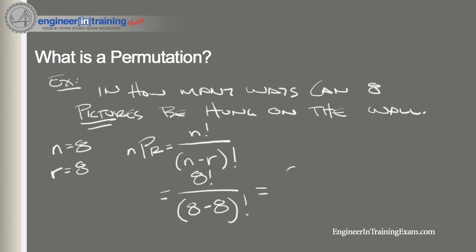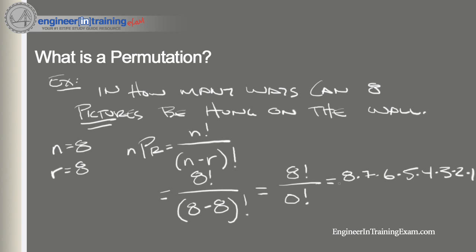So we can simplify that as 8 over 0 factorial, and once again I said 0 factorial is equal to 1. So we can go ahead and just simplify this as 8 times 7 times 6 times 5 times 4 all the way down to 1.